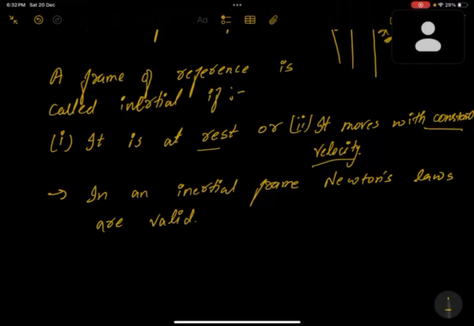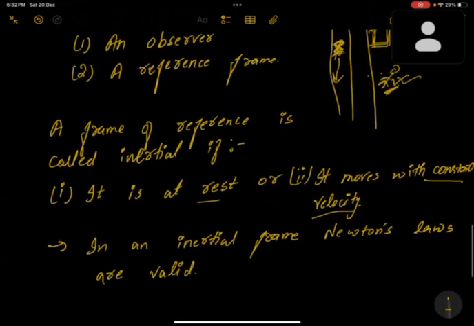All things go as we studied earlier. There is no change, like a person standing on that platform, or even if this train is moving with constant velocity, then we consider this as inertial. But if it is moving with some acceleration, then we can't consider it as inertial.